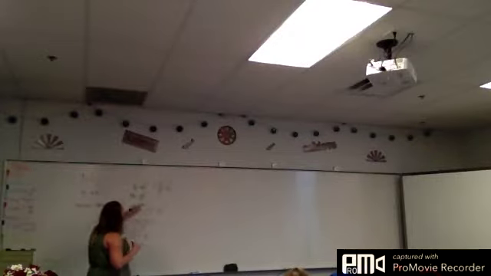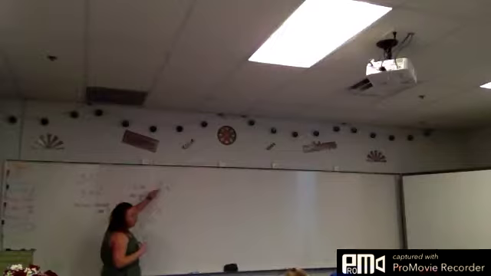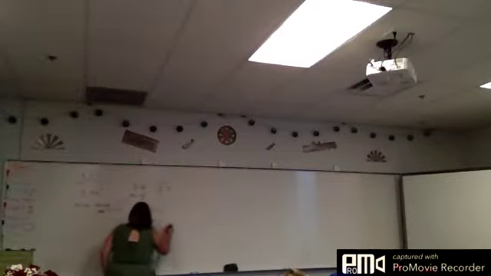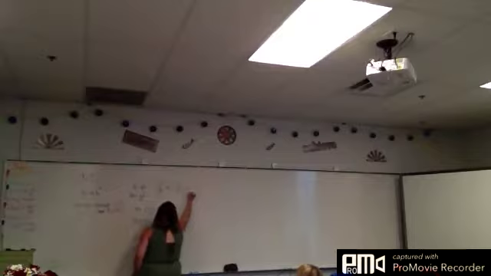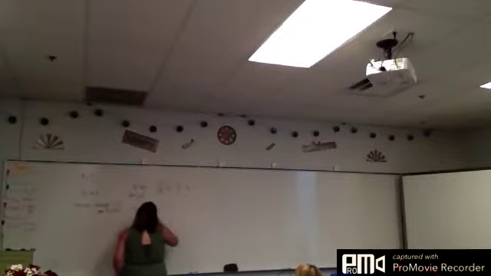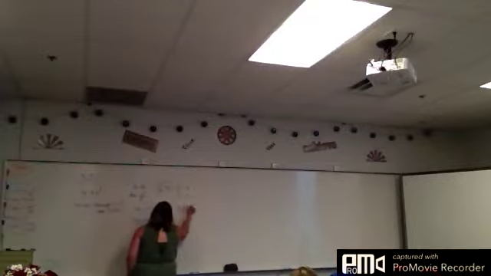Plug it back in. If I plug it into this, I can get what a is. So you have 12 over 3 equals a. So what does a equal? 4. So then my equation is y equals 4 times 3 to the x power.